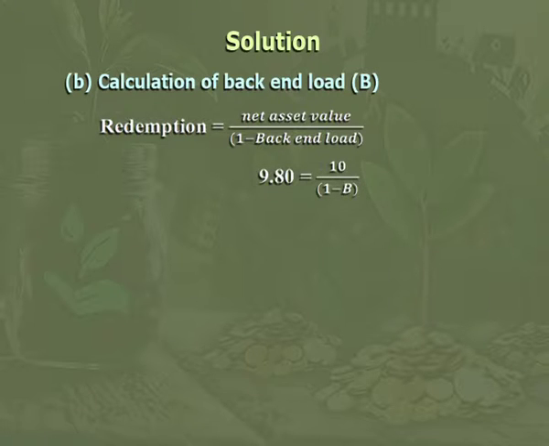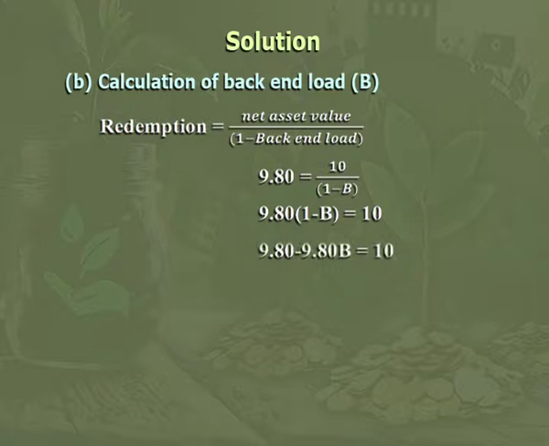When we substitute the values given, 9.80 is equal to 10 divided by 1 minus b. 9.80 into 1 minus b is equal to 10. 9.80 minus 9.80b is equal to 10, so minus 9.80b is equal to 10 minus 9.80.